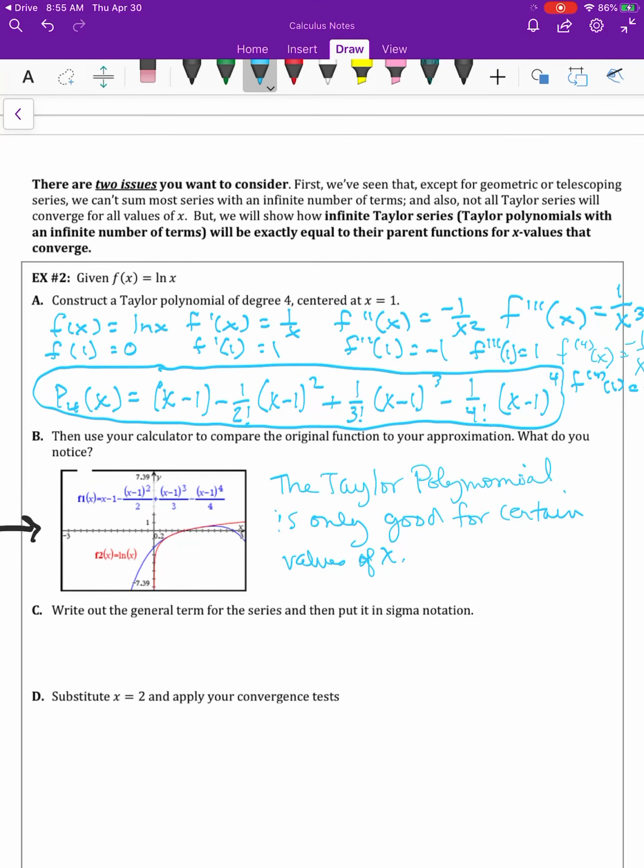And then it starts to fall off, and you really wouldn't want to use that anymore for an approximation.